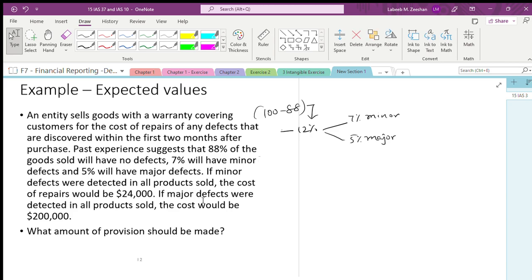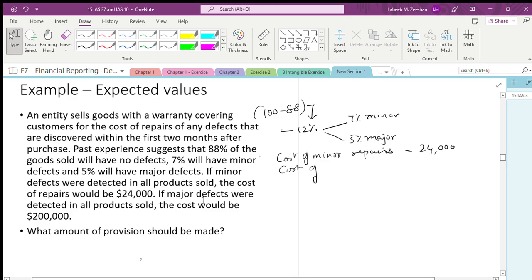If minor defects are detected in all the products sold, the cost of repairs will be 24,000. If major defects, the cost of repairs is going to be 200,000.